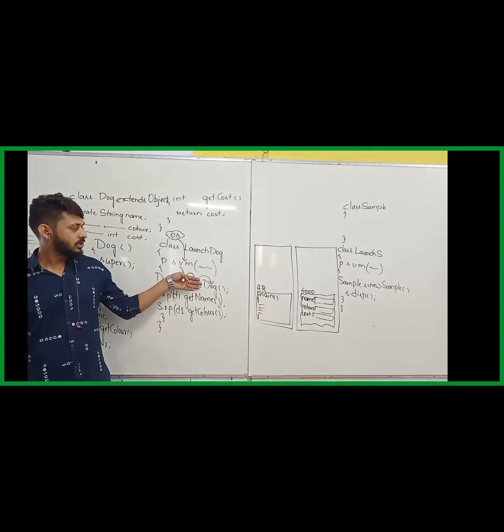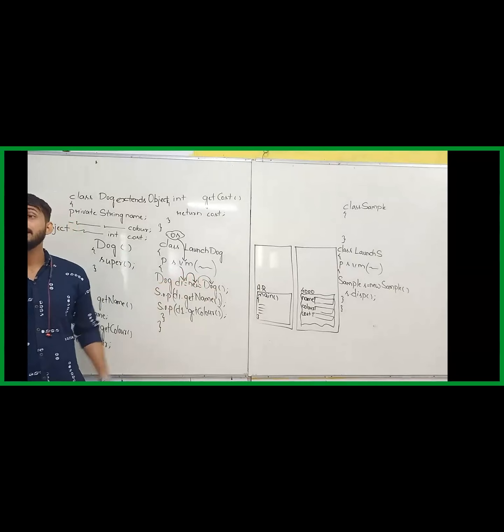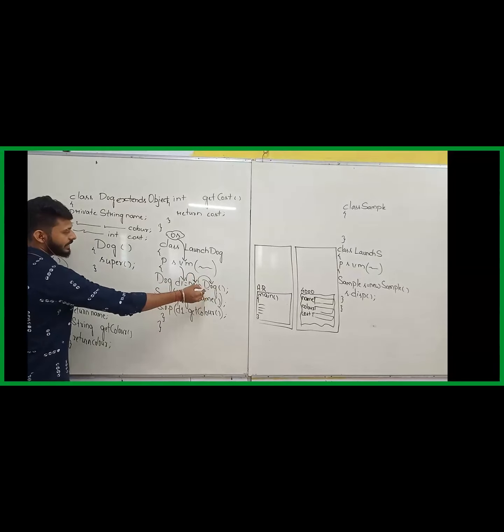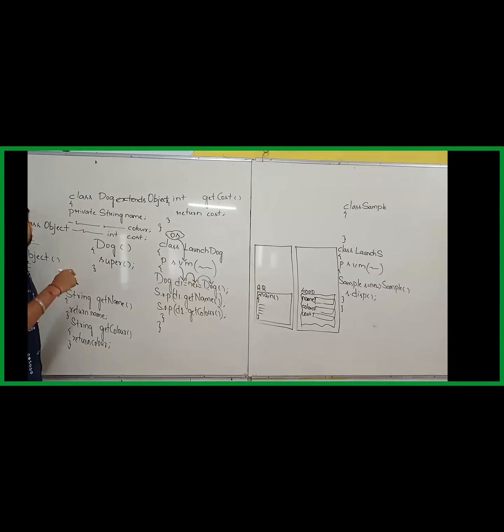Yes or no? So now I am calling the dog constructor, which is the default, or zero-parameter, constructor. Because of which what will happen? You think and tell me, did we include the default constructor? Who included it? The compiler included it by itself. So now the control from here will check inside the dog class whether there is any constructor with zero parameters.